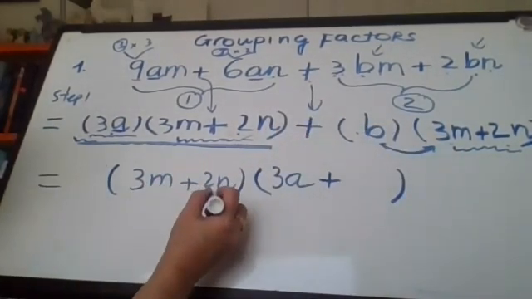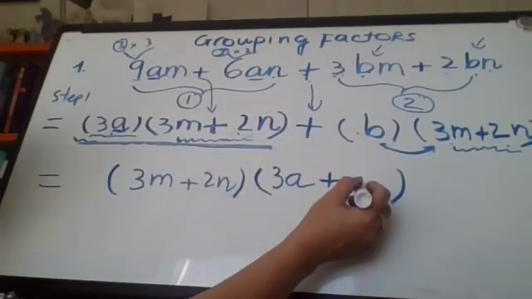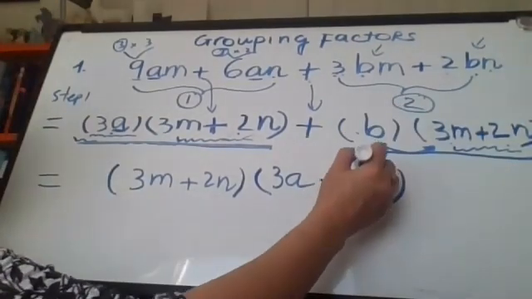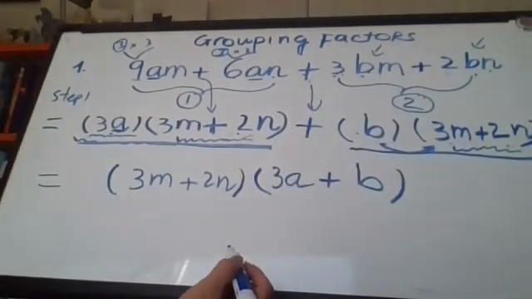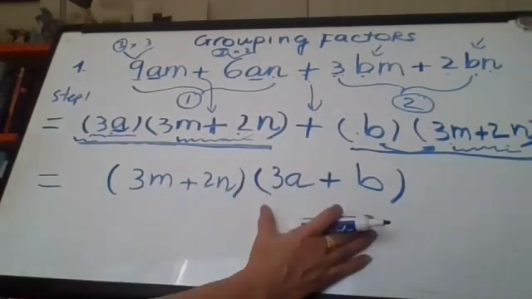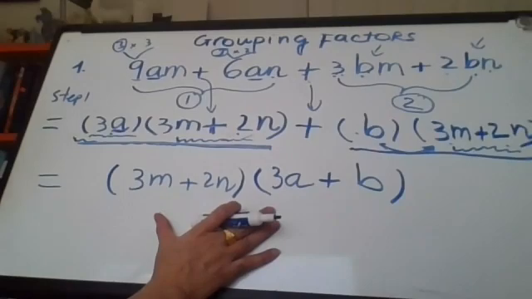We already have 3M, 2N. When we multiply, we should get back to the whole thing, group 2 here, which is the B. At this point, you are done. You make it become 2 simple brackets, right?